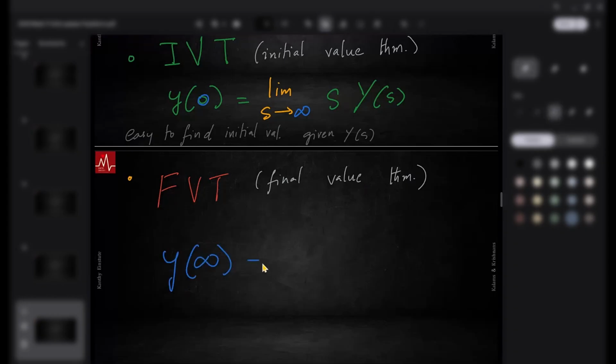We'll give you examples for all of this. To find this, again take the transform, multiply by s.